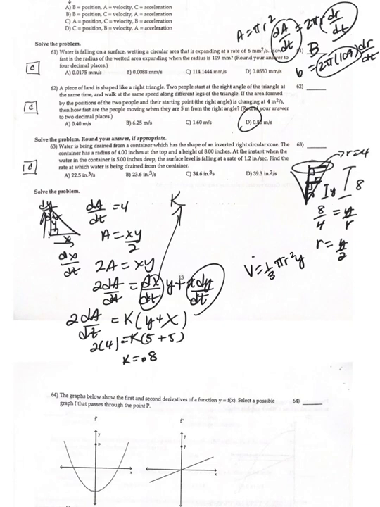So I can take the y over 2 and substitute it in for the r, because I want to relate the volume to the height, because they're giving you the surface level is falling at a rate of 1.2. So that's the height. And they're asking us to find the rate at which water is being drained. So that's dV/dt.